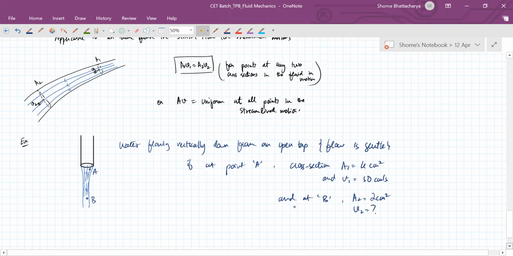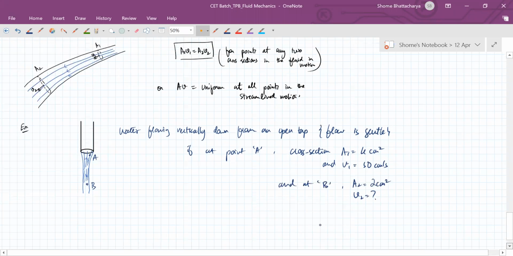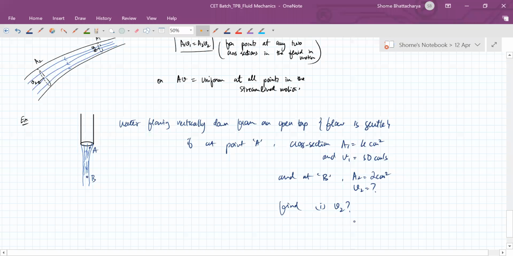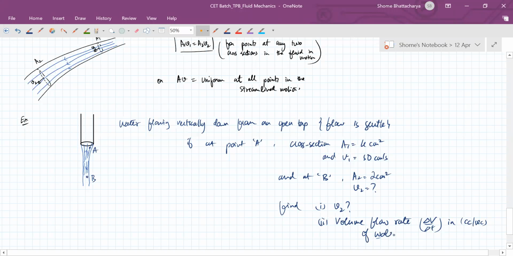Then find the value of this V2, and secondly, the volume flow rate, that is delta V by delta T, where delta V is volume and not velocity, in cubic centimeters per second of water.